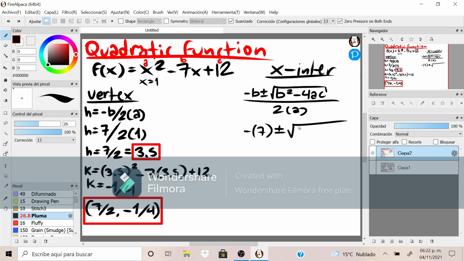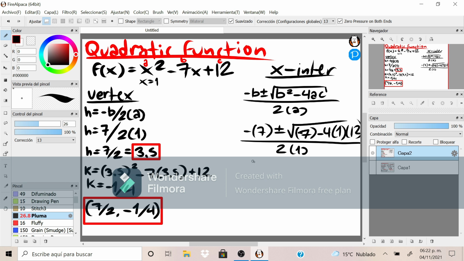So basically, so that you don't get confused, it would be 7, it would be 7 minus 4, then 1, 12. This is in order for people not to get confused. I'm sorry if you get confused. 2, 1.